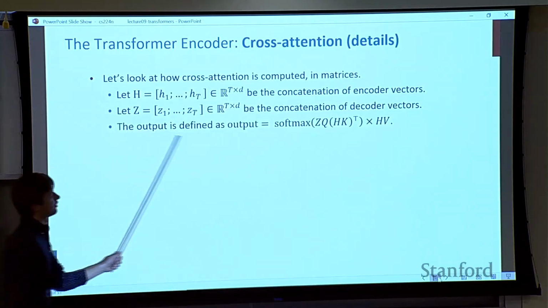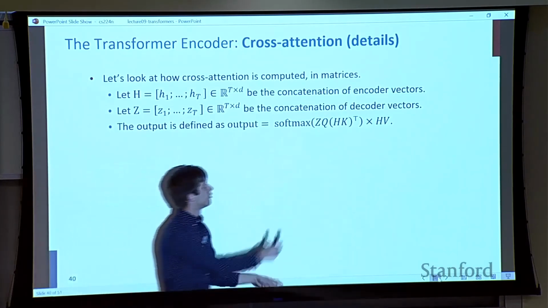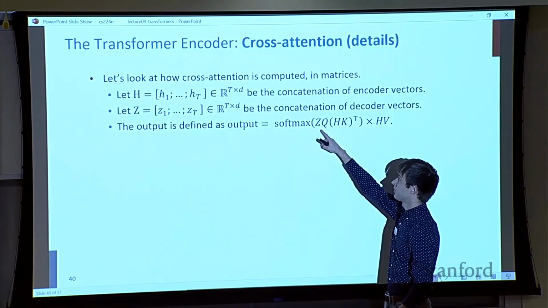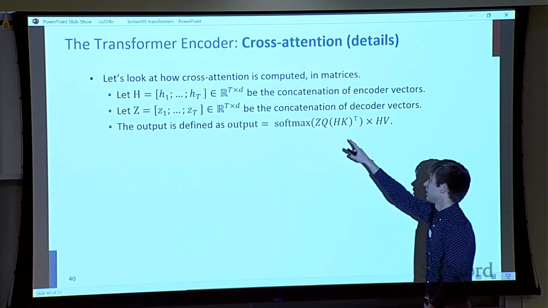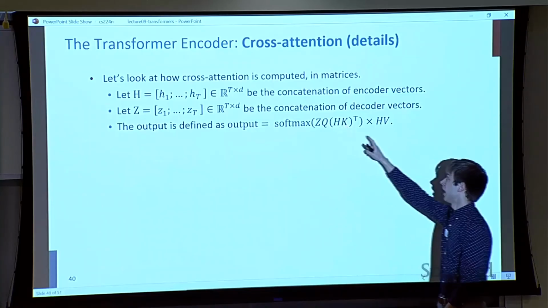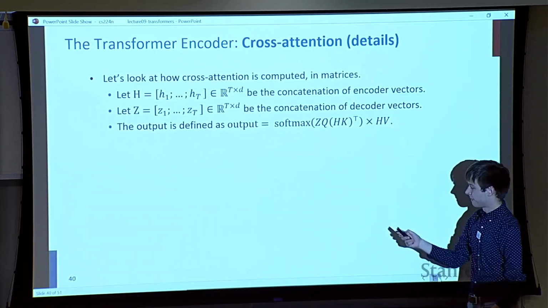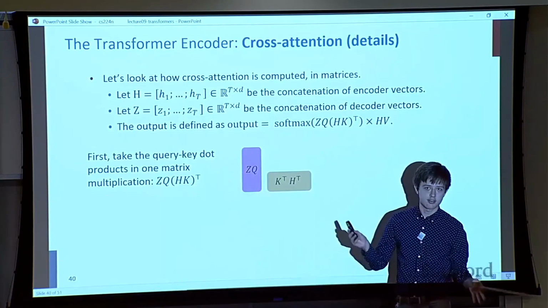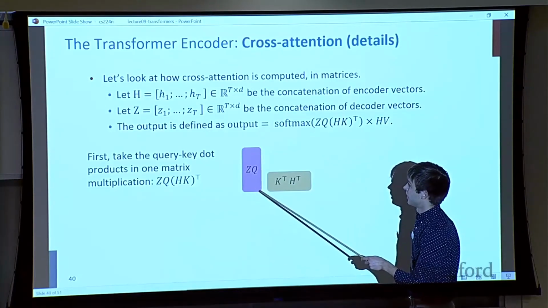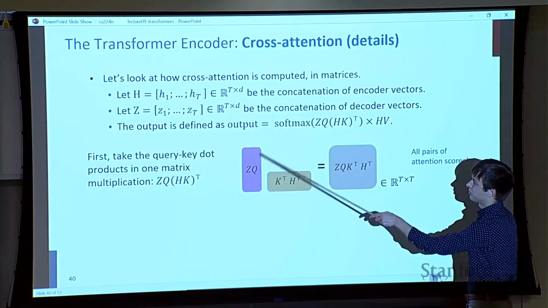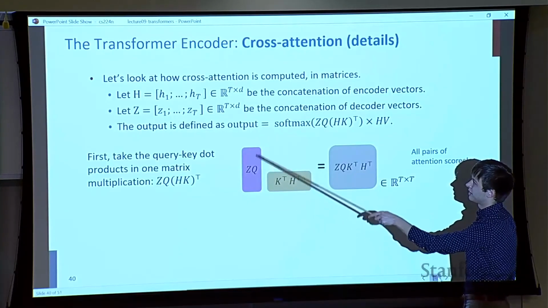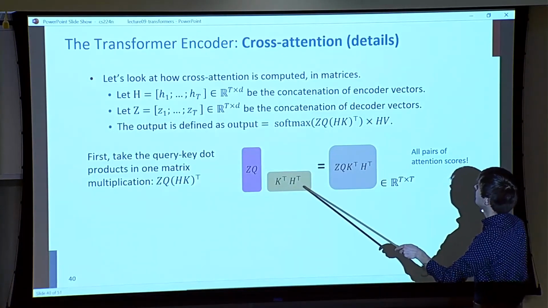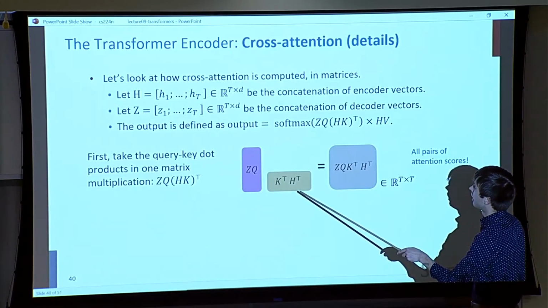And the output is going to be, well, you take your z for the queries, so z is being multiplied by the query matrix. You take your h for the keys and your h for the values. So you are taking the query-key dot products, all t squared of them, in one matrix multiplication. The purple is saying this is coming from the decoder, and the brown is saying it's coming from the encoder.